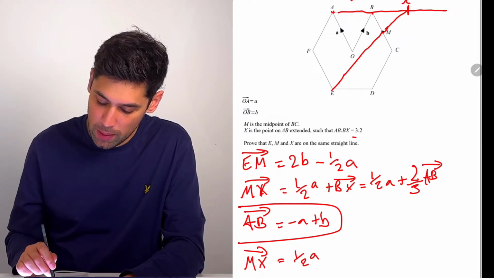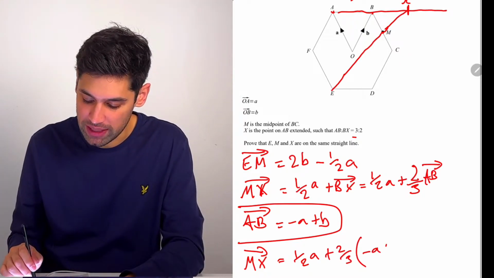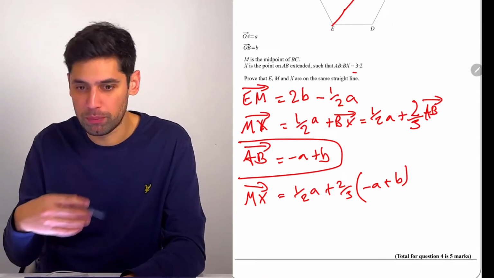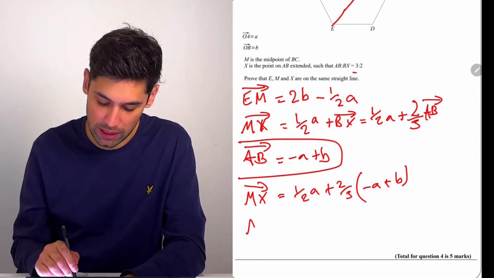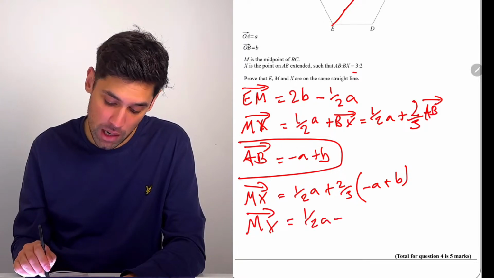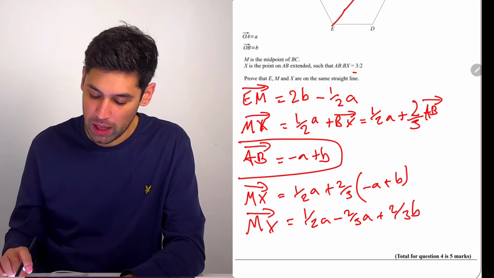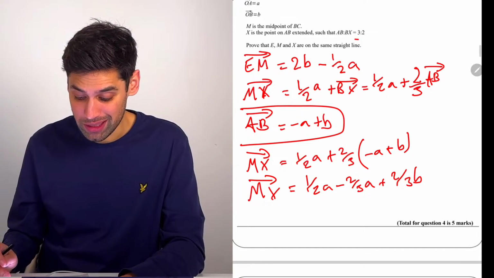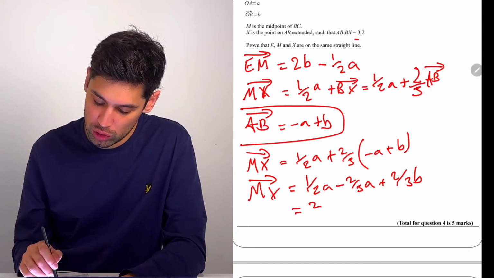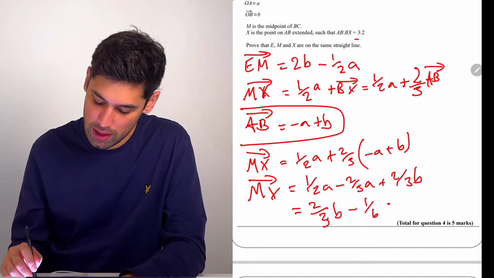Half A plus 2/3, and then we plug in what AB actually is, of minus A plus B. Then we multiply it all out, simplify it, collect like terms. MX equals half A minus 2/3 A plus 2/3 B. Half take away 2/3 is going to be negative 1/6. So it's going to be 2/3 B minus 1/6 A.